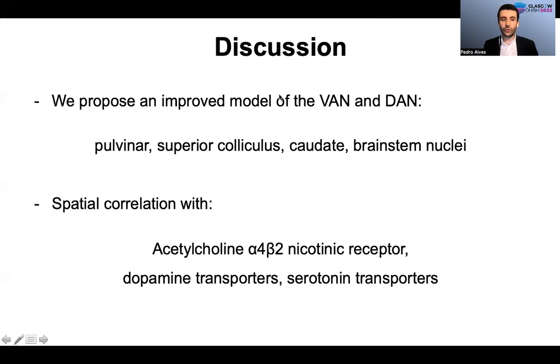With these results, we propose an improved model of the ventral attention network and dorsal attention network that includes the pulvinar, the superior colliculi, the caudate, and a cluster of brainstem nuclei. And also that the projections of these networks are correlated with the distribution of the acetylcholine alpha-4 beta-2 nicotine receptors, and also with the dopamine and serotonin transporters.